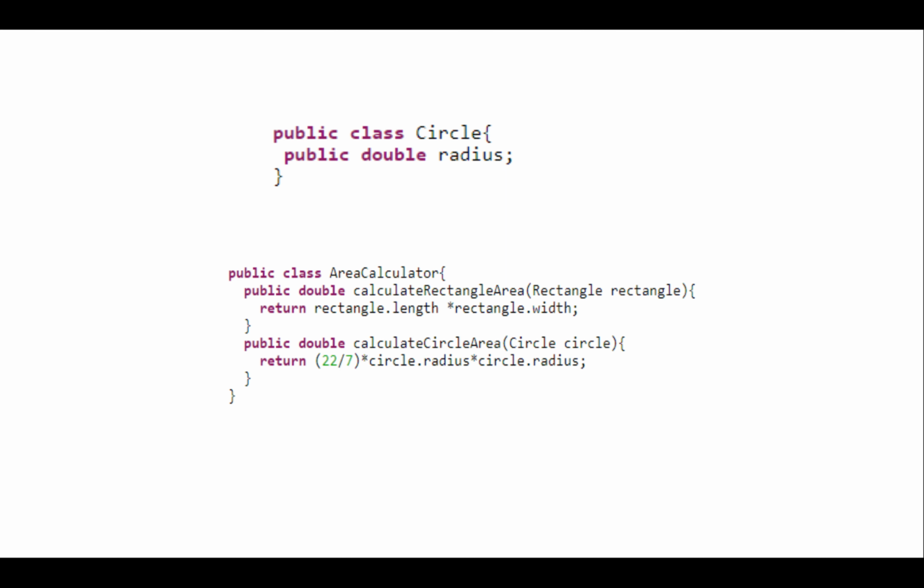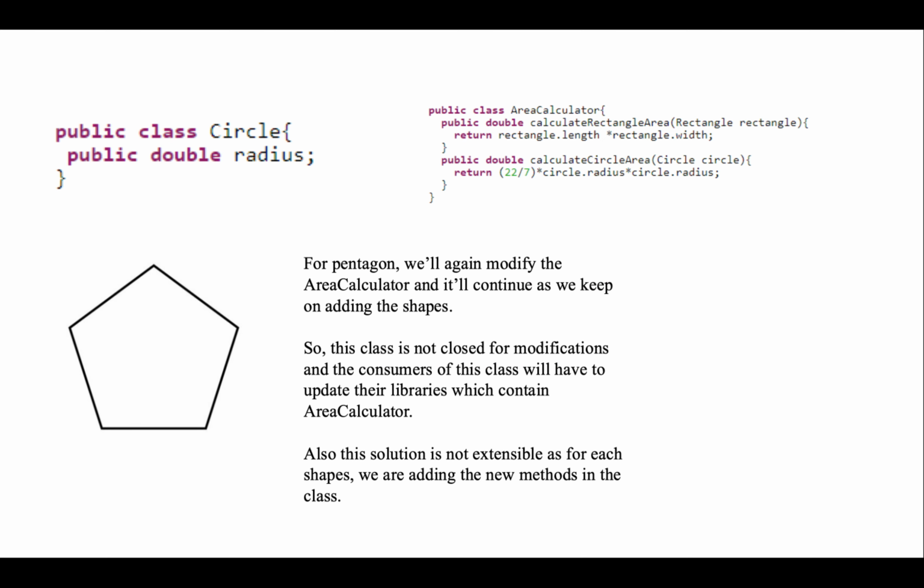So far so good. Now let's consider I have one more shape, which is a pentagon. So now I again need to modify the area calculator utility, and it will continue as we keep on adding shapes. So this class area calculator is not closed for modification.